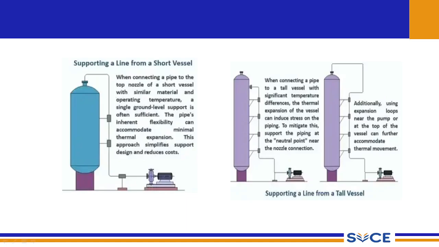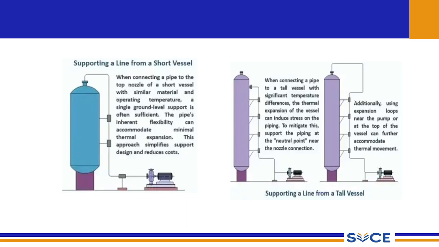So following that guideline, we have to locate a ground level support on a level platform to support this pipeline which is connected from the top nozzle. And also we have to provide certain restraints to avoid vibrations, because on the vertical section when the fluid flow is happening, there may be vibrations.